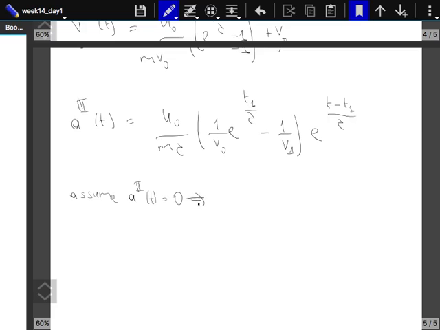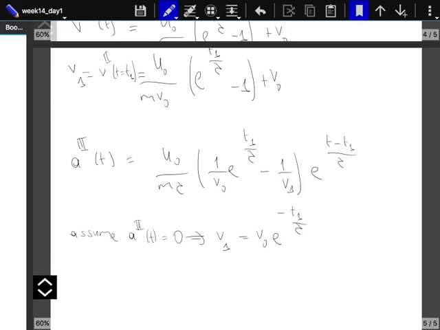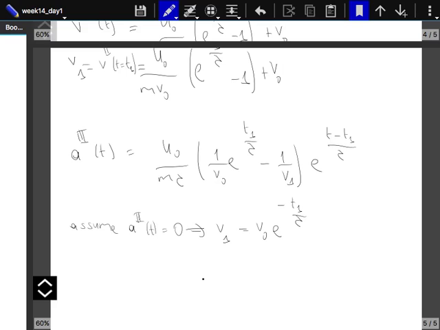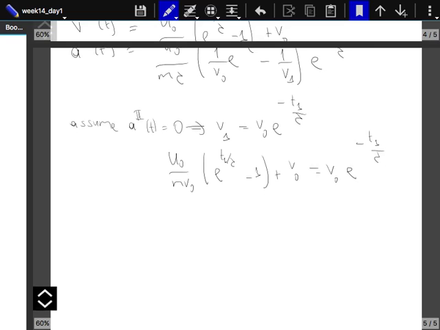Well, this will tell us that V1 should be equal to V0 times e to the power minus T1 over tau. Well, V1 we had already calculated. U0 over mV0 e to the power T1 over tau minus 1 plus V0 should be equal to V0 e to the power minus T1 over tau.